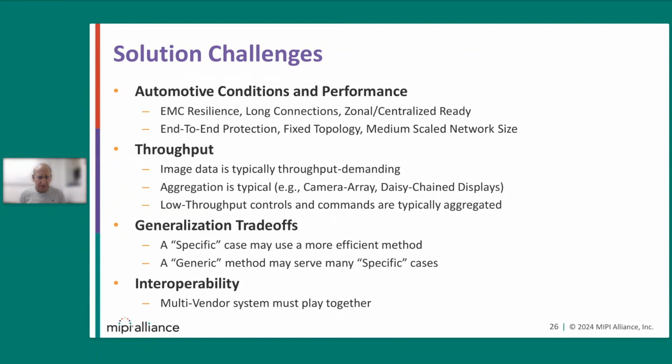So we need to think how to make a good standard that will be efficient, but will also provide the ability for reuse and common implementation. And we have another challenge, which is interoperability. The system will be built from multi-vendor providers, and all products must play together.